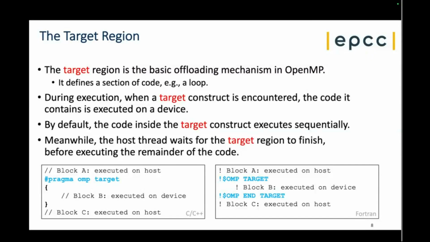By default, whatever code you have inside the target region will execute on the device using just one thread. Essentially, that means you'll only be using one core. It will work, but it will be extremely slow. So that's probably not what you want to do.